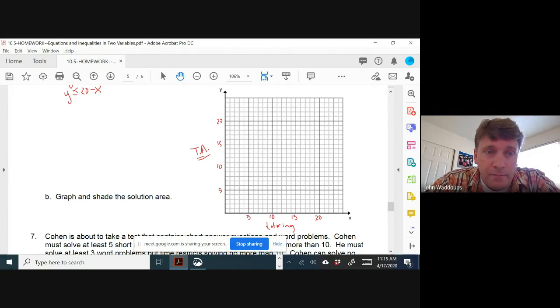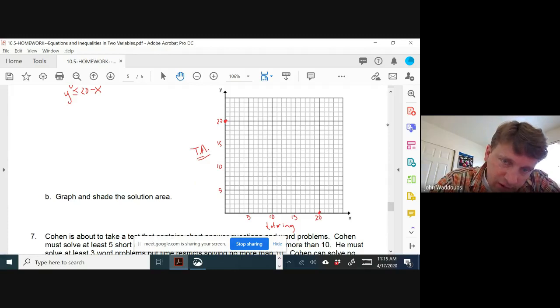So if x is 0, 20 minus 0, then y equals 20. And we put a dot up here. But if y equals 0, then x would need to be 20 in order to make that happen. 20 minus 20 is 0.